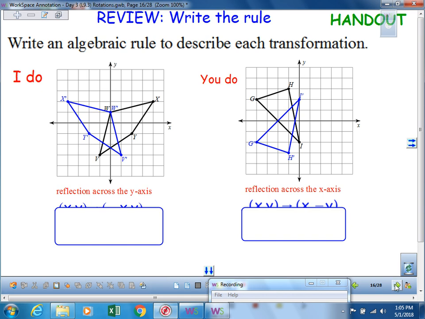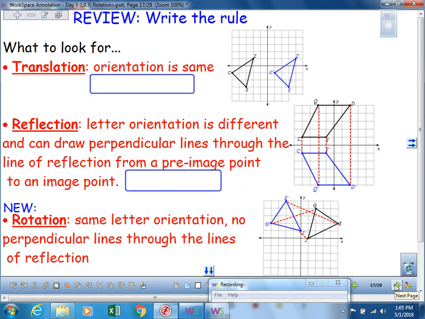Okay, so now let's look at something different. Orientation is the same. So if there's a Z up here, there's going to be a Z on the top. This one, from letter to letter, so D to D prime, I can draw perpendicular lines to a line of reflection. If you draw lines from letter to the same letter prime, you're going to get all parallel lines like this, and they're going to be perpendicular to a line.